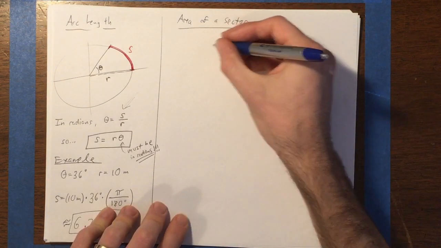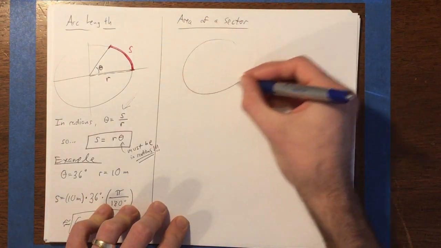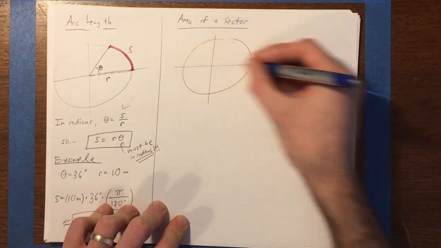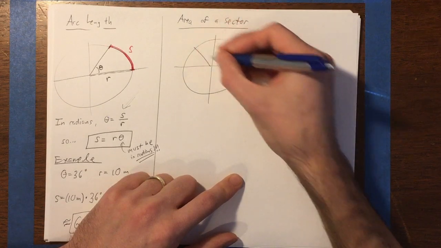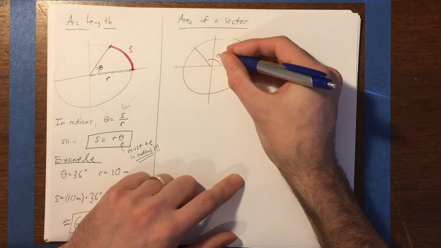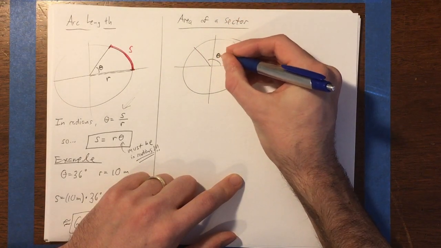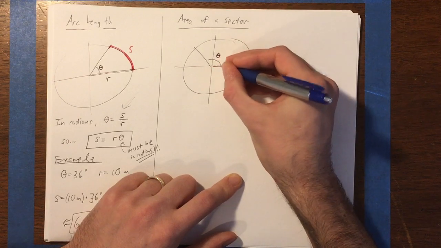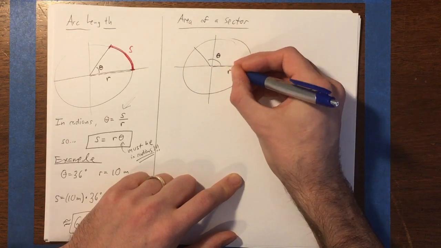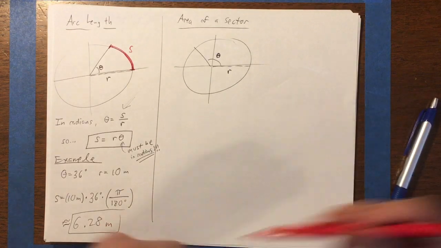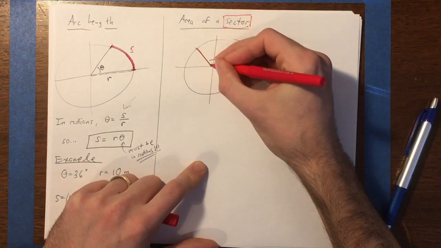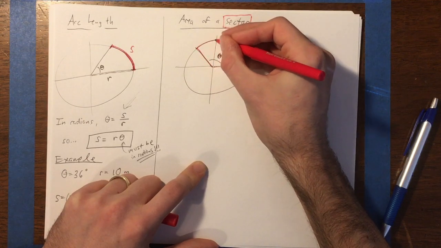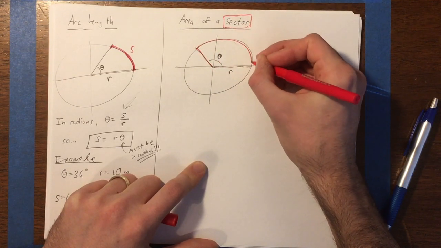So now the next application is area of a sector. Let's draw this again. Here's our circle. Let's say that we have an angle like this. There's our angle. We're going to call that theta again. We've, of course, got our radius here. The word sector refers to a portion of the area of a circle.